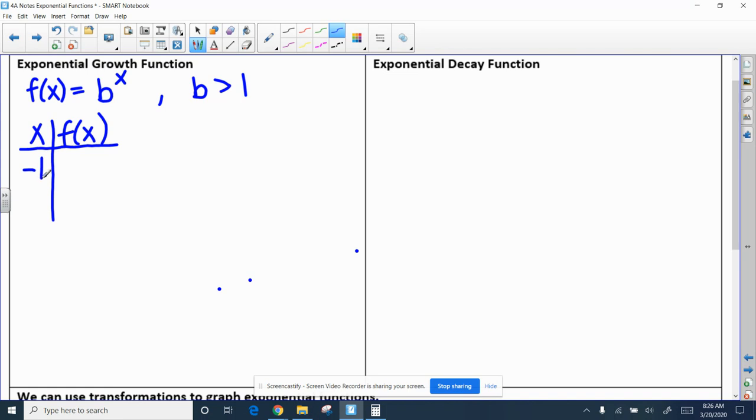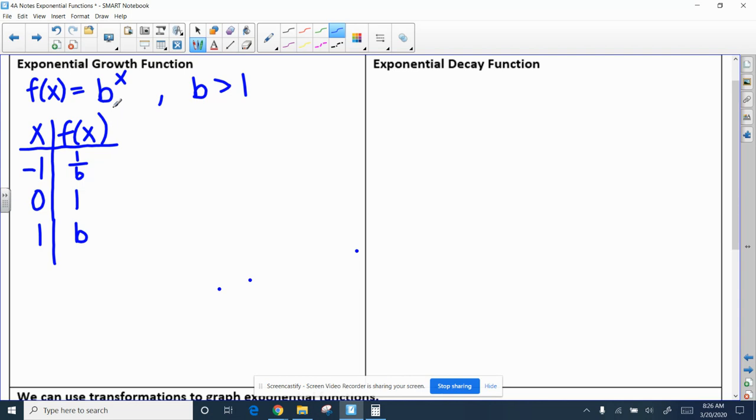I'm going to use -1, 0, and 1 as my x values. If I have a -1, that would be b to the -1 power, which would be a fraction, 1 over b. If I plug in a 0, that would be b to the 0 power, which would just be 1. And if I plug in a 1, we'd have b to the 1 power, which is just b.